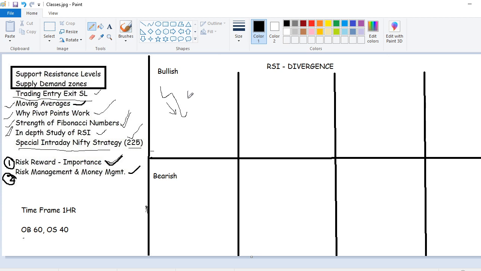So that means the price is coming down. But RSI says no, I'm going up. See, RSI lows are climbing up. That means RSI is coming up. So this is a divergence. And this is the example for classic divergence. Okay, this is a classical bullish divergence.